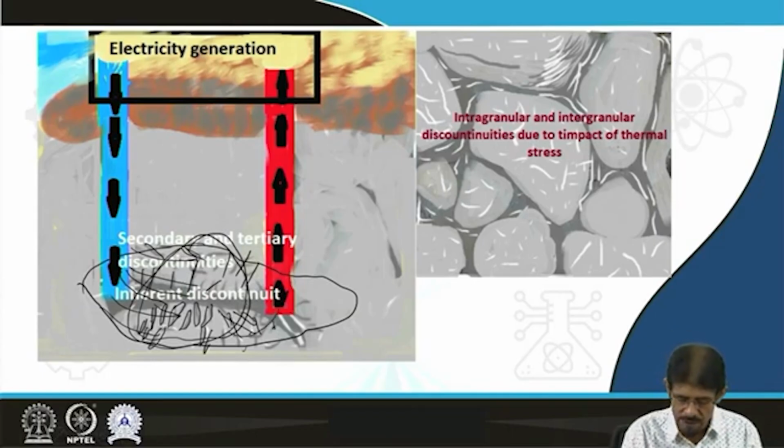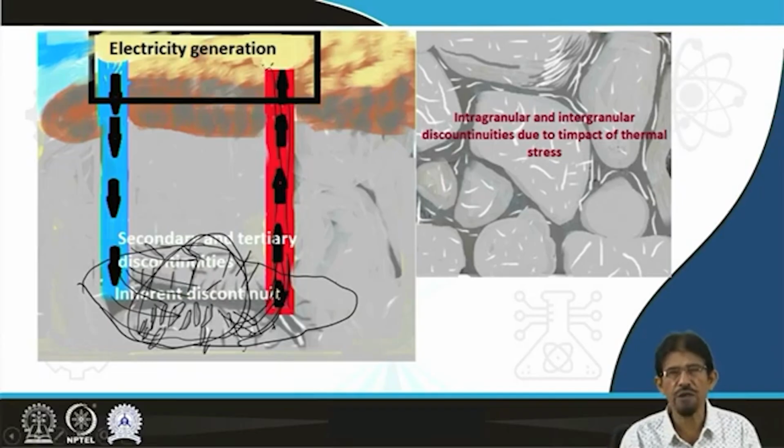This heated water and heated steam are recovered through the production well and utilized for generation of electricity.